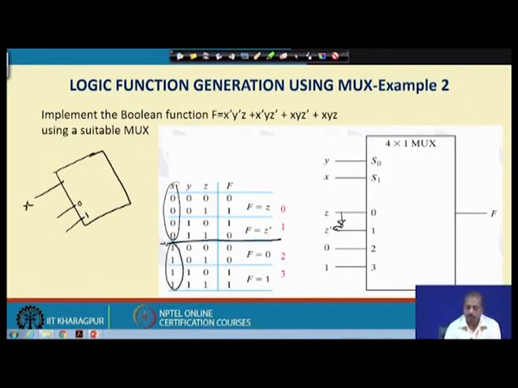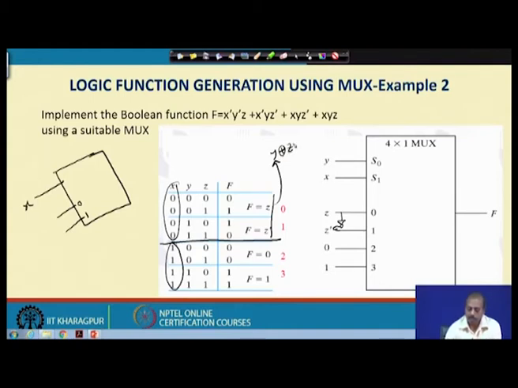Now, if I do a minimization, the function I get in this part is 1 when only one of y and z is equal to 1. So, this is nothing but y XOR z.